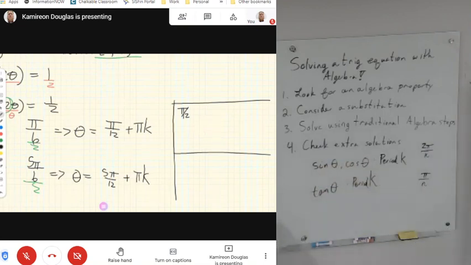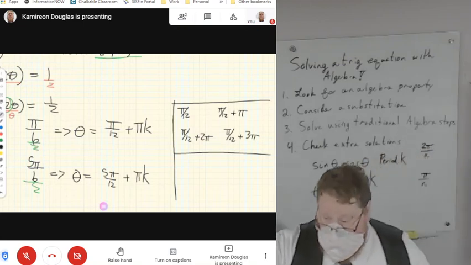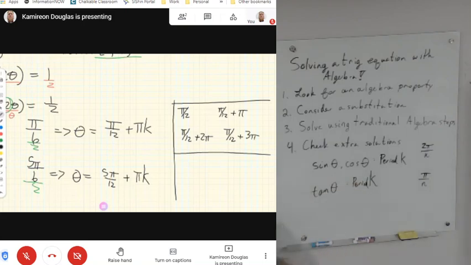I could do pi over 12, plus pi, plus 2 pi, plus 3 pi. All 4 of these are possible answers. And there's more. But at some point in time, you're going to exit the boundaries of the problem. The problem said, hey, focus on the ones that are just between 0 and 2 pi. Well, it turns out 2 of these fit that match.